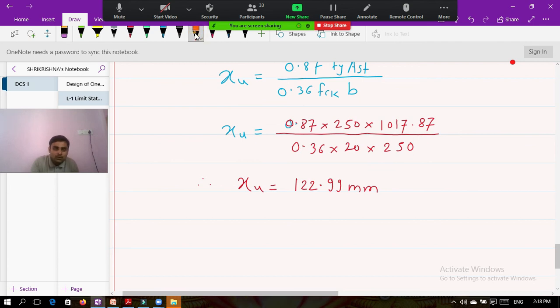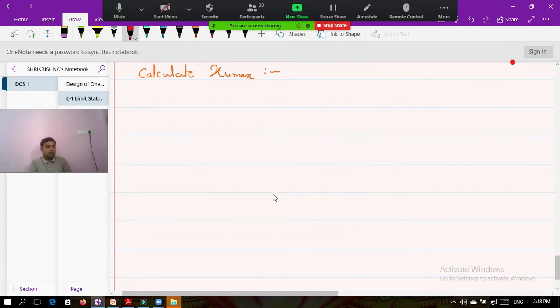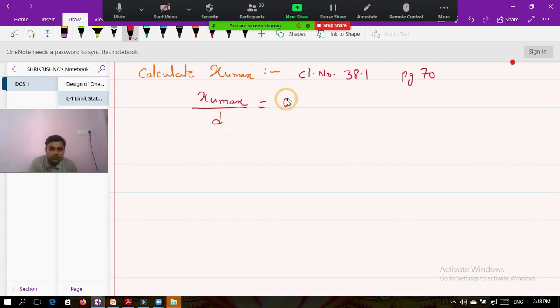I will write here, calculate Xu max. Now to calculate Xu max, what will we do? We will go to page number 70, clause number 38.1. From this I can write Xu max upon d must be equal to 0.53.